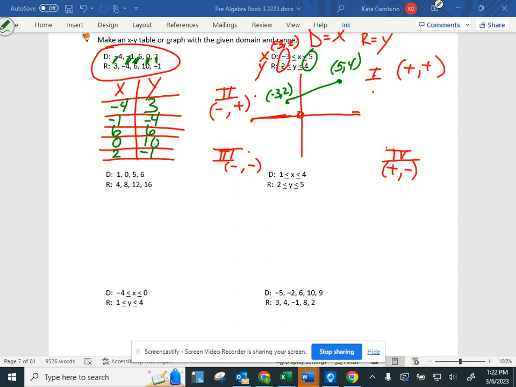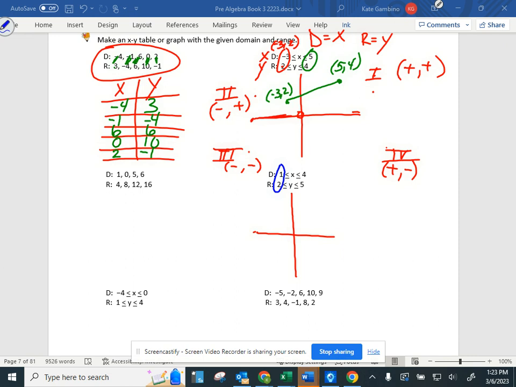Let's look at the one right below it, because I can see that's another one that has the range, right? First thing we do is we draw a graph. Then I'm going to look at where my starting point is. It's a positive 1 and a positive 2.